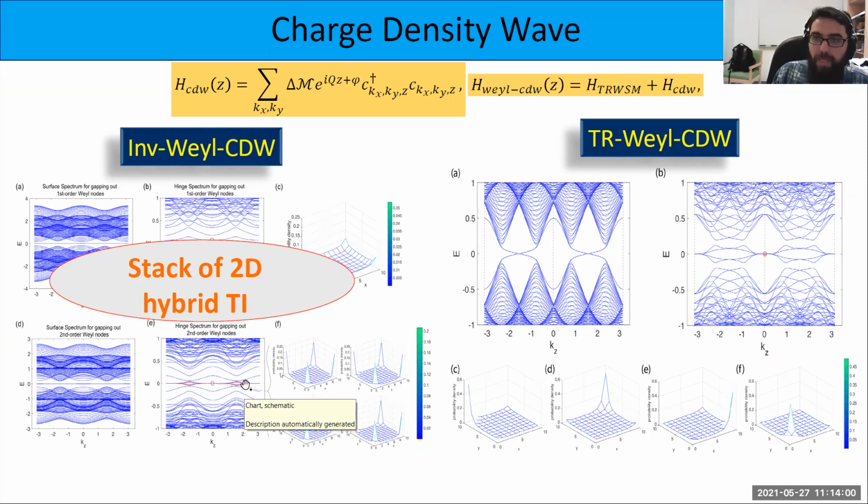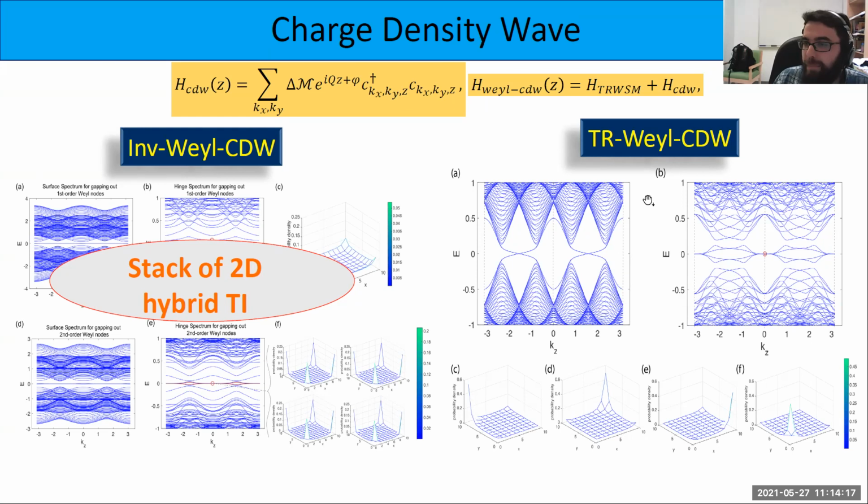corner in the system. But for the time reversal symmetric case, as I explained, I cannot gap out each pair separately. So I have both types of nodes, first order and second order nodes, at the same time.